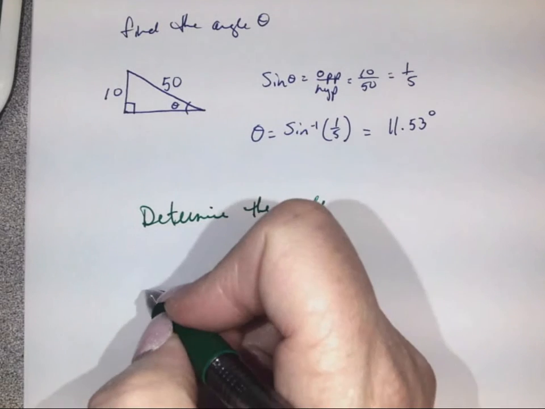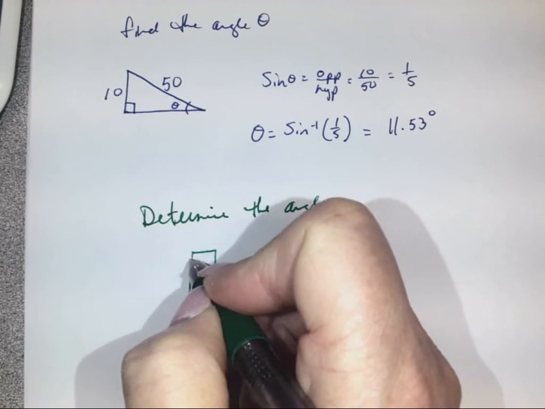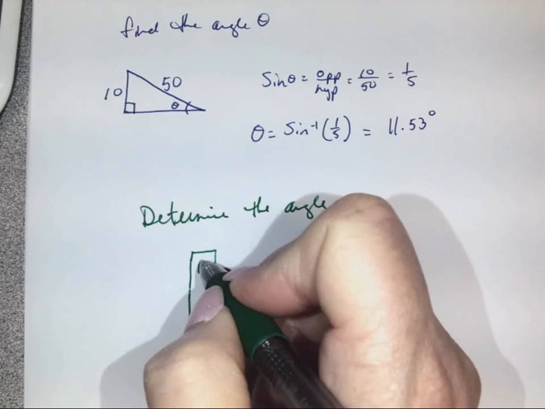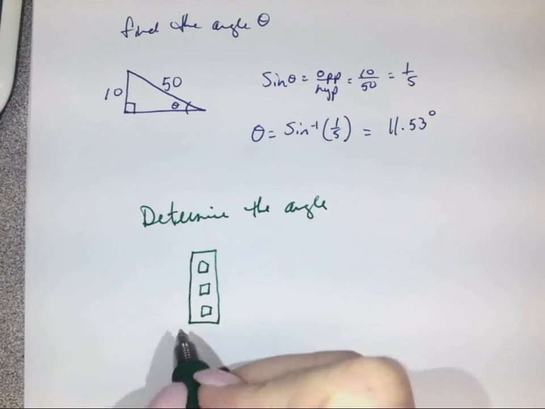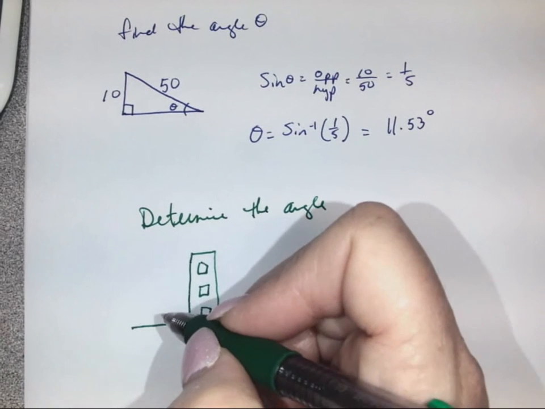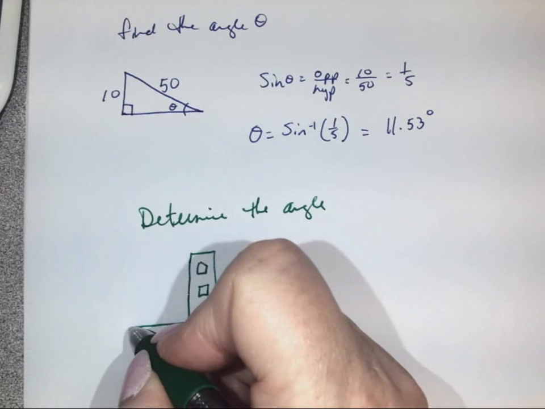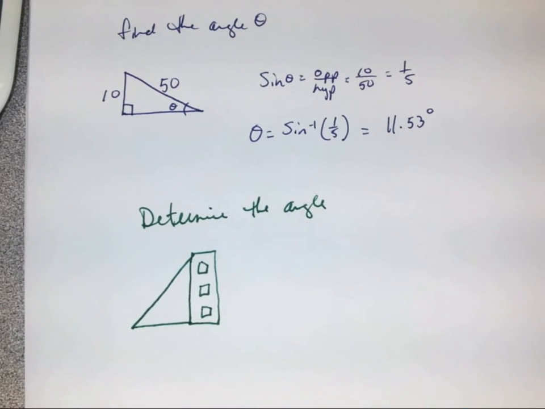All right, so we're going to draw us a building here. It is not a beautiful building, but it is still a building, and we're going to put some windows in it so it looks something like a building. And we're going to have a ladder between, and I don't know exactly where the ladder is hidden, but I'm just going to make me a triangle.